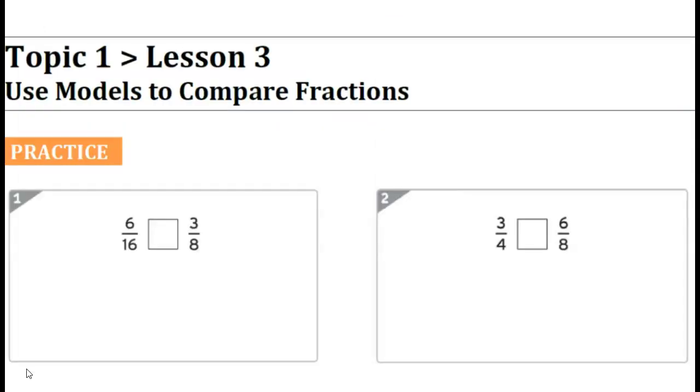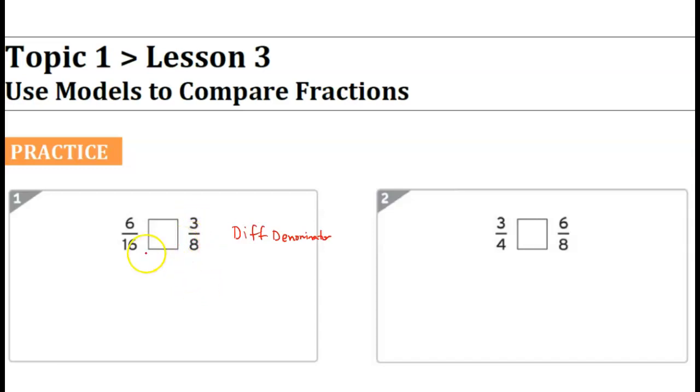Moving on to lesson 3 of topic 1, where we're comparing fractions. So here again, if you don't want to have to make fraction pieces all the time, here's another way you can compare fractions that have unlike denominators, like that's 16 and that's 8, and those are in fact different denominators. We can actually use equivalent fractions. That was one of our words.